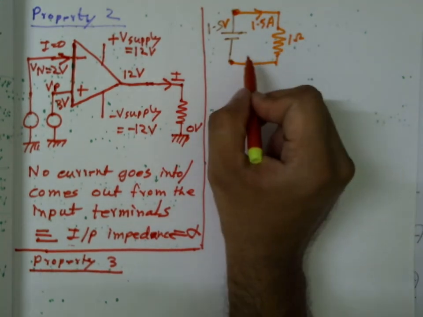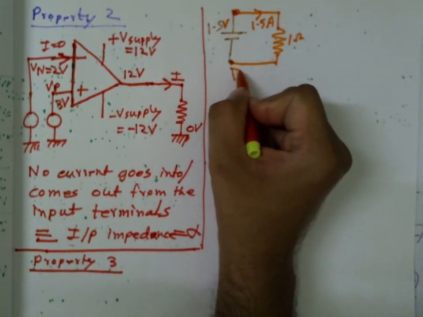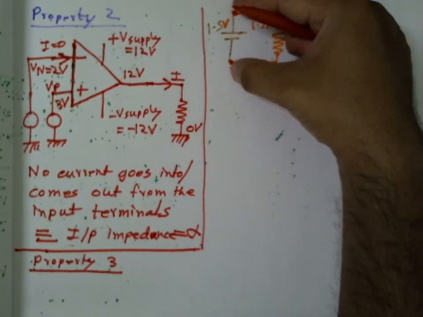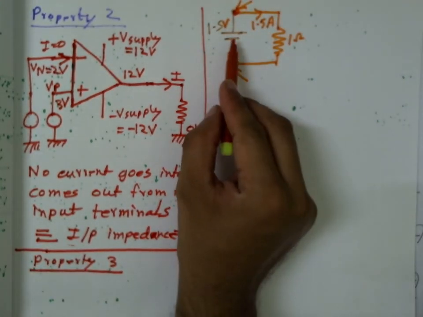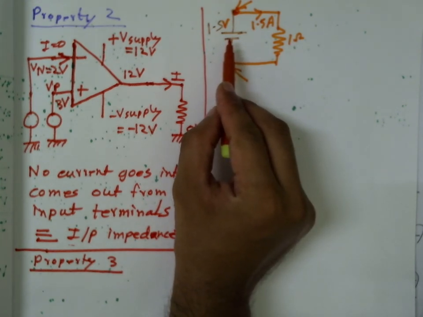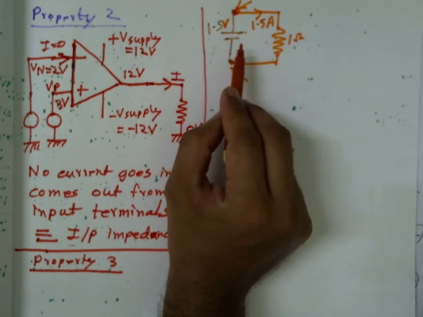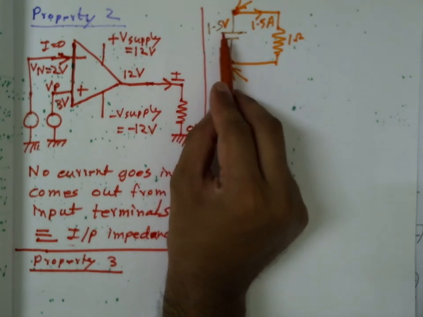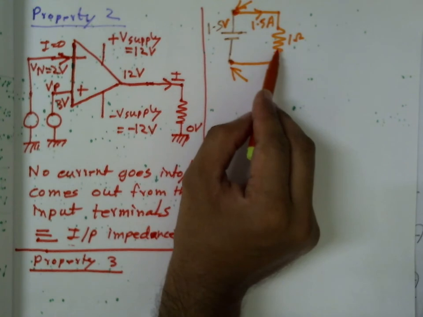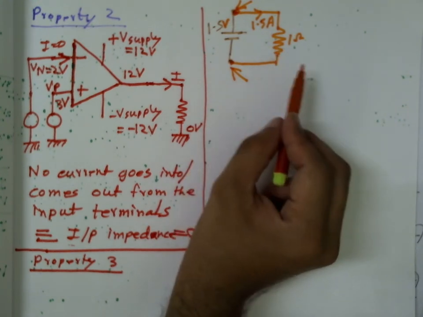And at this point, if I again measure the potential between these two terminals, I will see that the potential difference is not 1.5 volt, but lower than that. It can be 1 volt, 1.2 volt, maybe even lower, but it's lower than 1.5 volt. And it depends on how much current is flowing through this resistance. Why is that so?